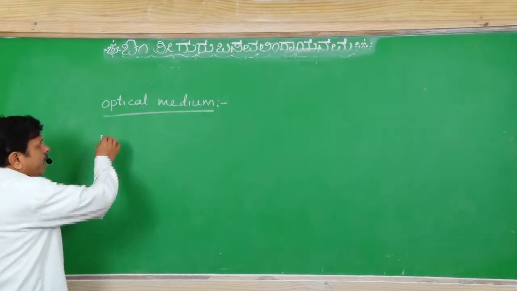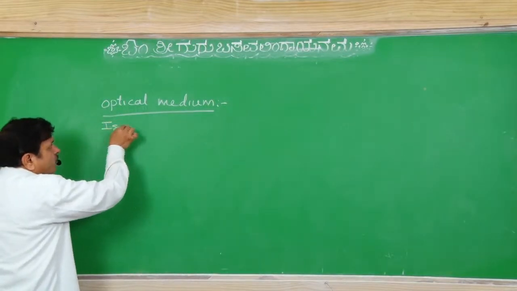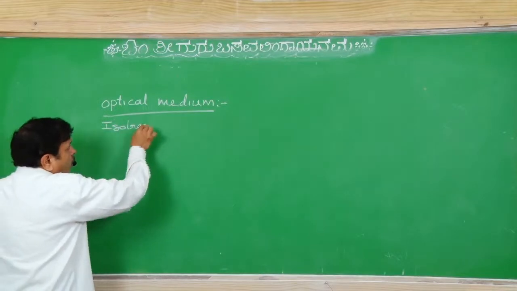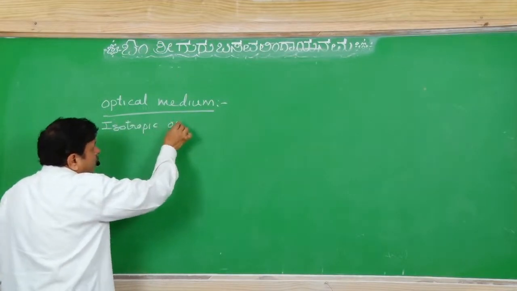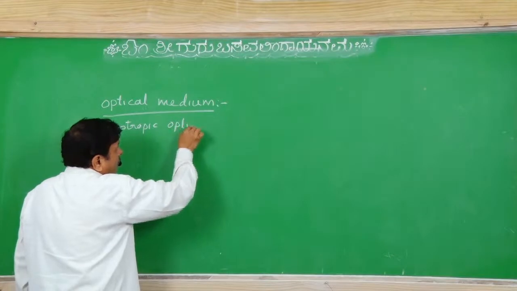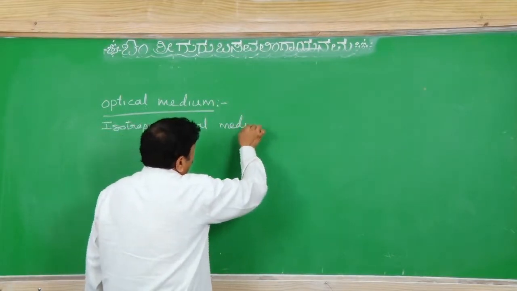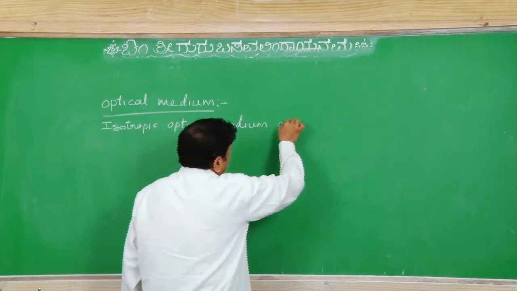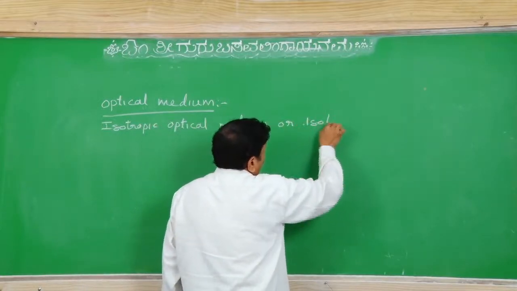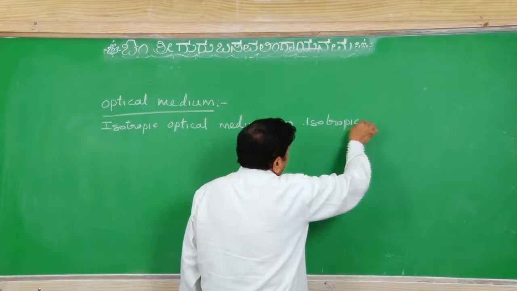Now, in optical medium we have two types. One is isotropic optical medium, also called isotropic medium.